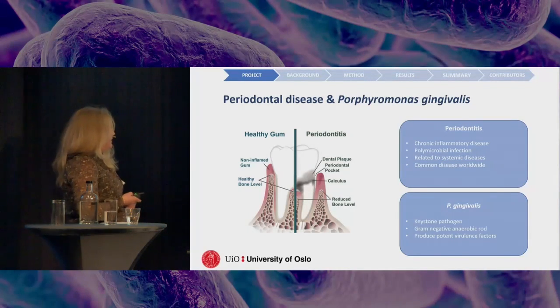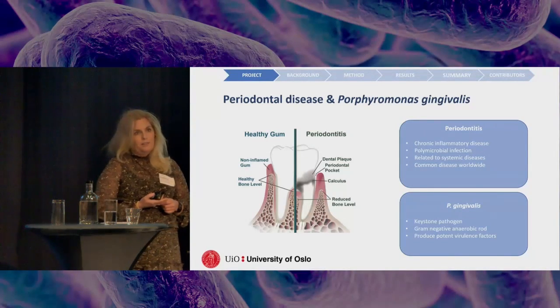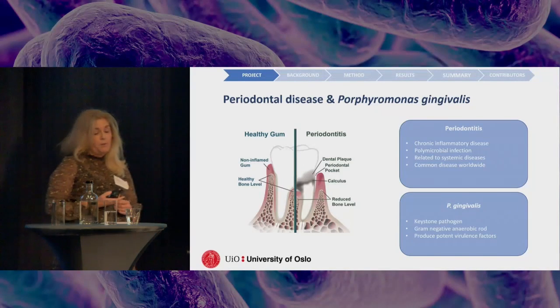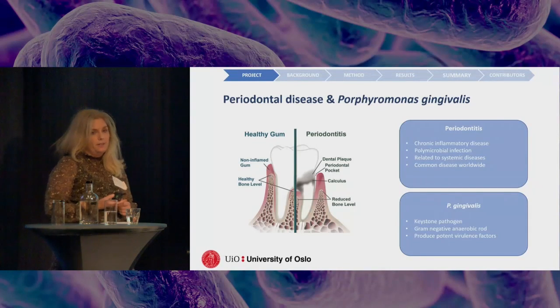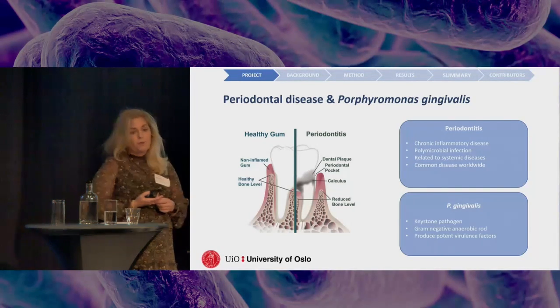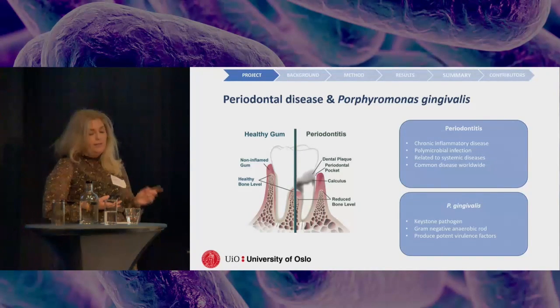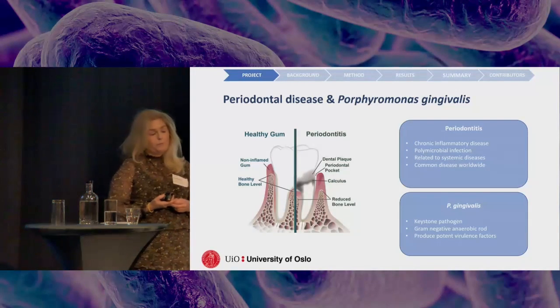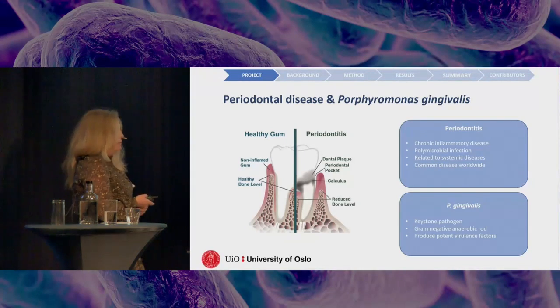And then we have P. gingivalis, a keystone pathogen in periodontitis, and central in the keystone pathogen hypothesis. The hypothesis holds that P. gingivalis alone and in low abundance can lead the microbiota into a dysbiotic one. P. gingivalis also produces potent virulence factors.